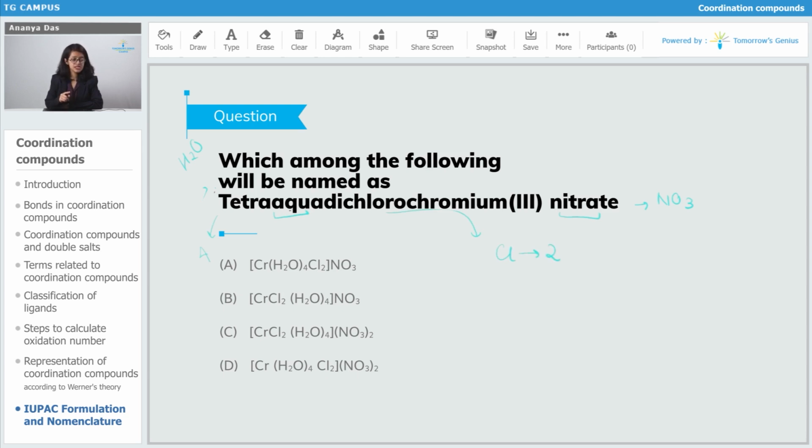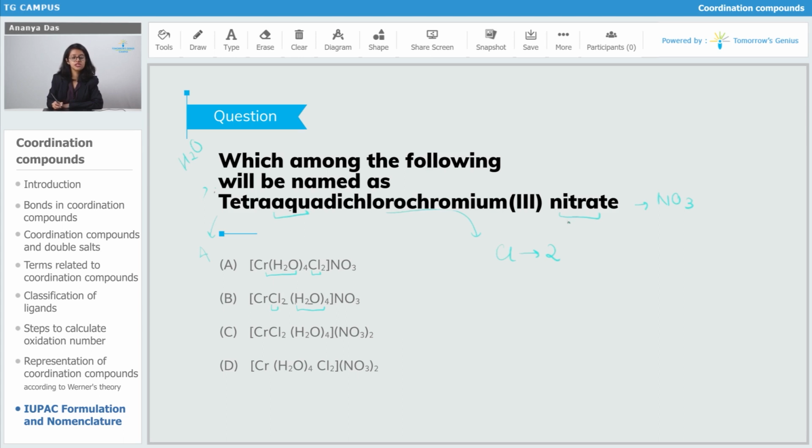So this is satisfied by both A as well as B. Now, among A and B, which one is the correct one? In A, H2O is written before chlorine. That's the only difference. In B, H2O is written after chlorine.